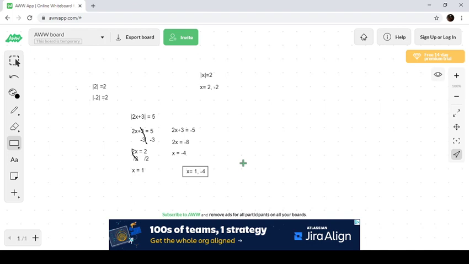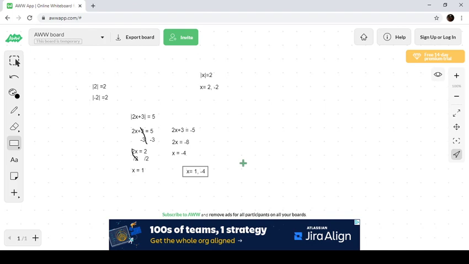Now, like I said, there's 3 types of equations. There's conditional, identity, and contradiction. So which is this one? Well, remember that contradiction doesn't have any answers at all.